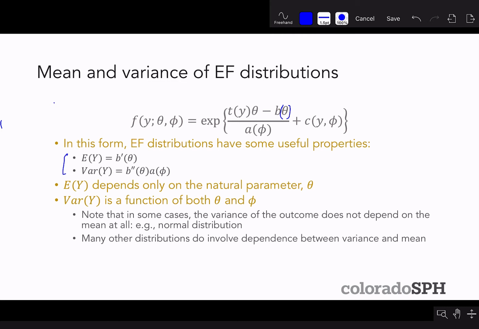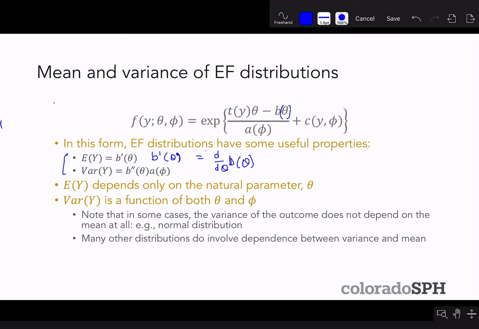You can calculate the expectation by taking b prime of theta, which is the derivative with respect to theta of b of theta, which you can write as d b of theta over d theta.